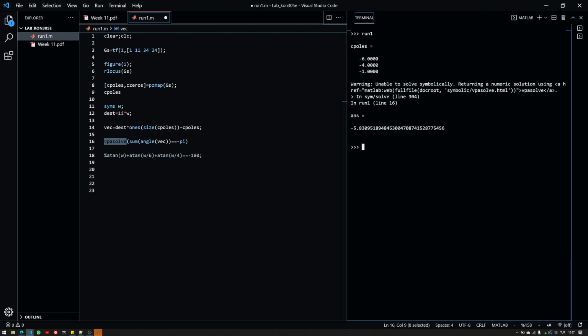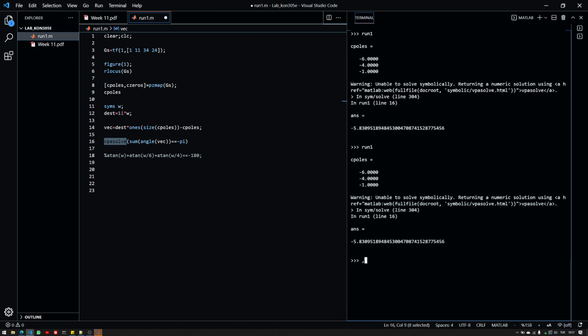If you have no luck with Solve, you might try Vpa Solve, but in this case it is still stuck in the negative omega value. So therefore, we need to take a different approach here. And you might also ask yourself, I cannot use Solve or Vpa Solve using a calculator, so how should I solve this equation?